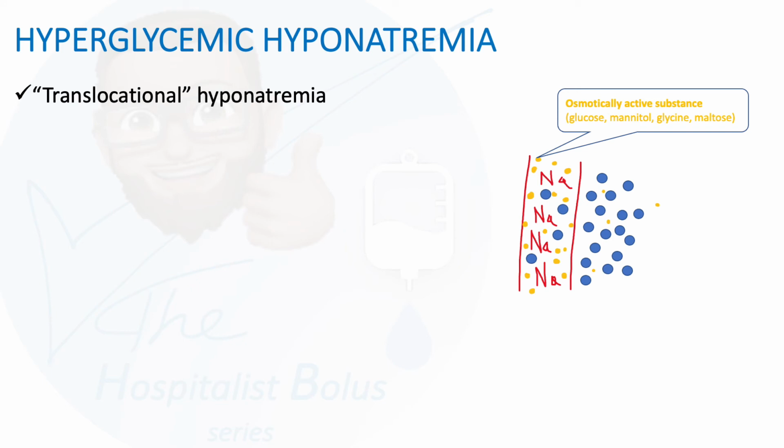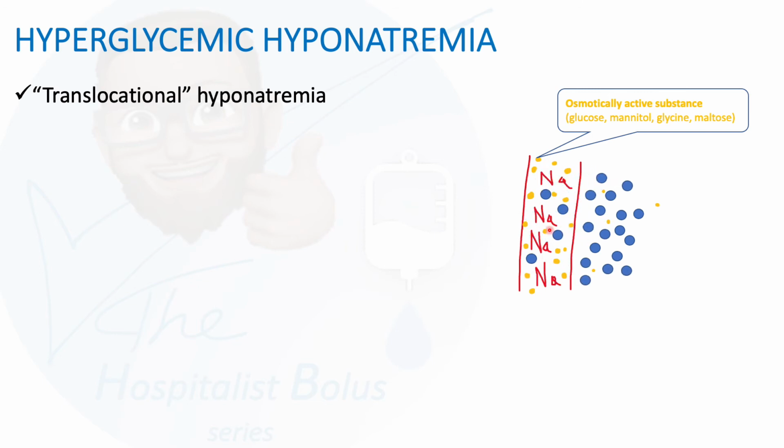So basically, what happens is when there are osmotically active substances like glucose, mannitol, glycine, or maltose, water will move across its concentration gradient to the intravascular space, and this will lead to dilution of sodium.